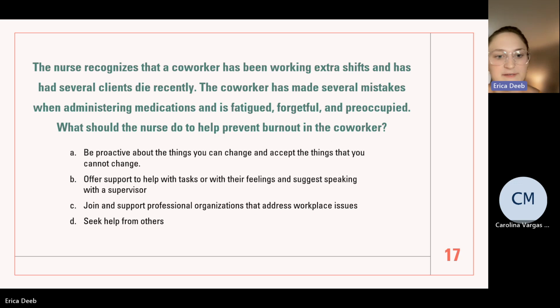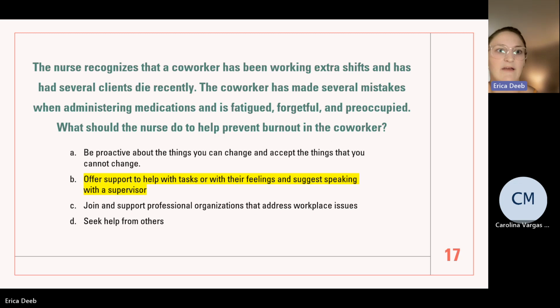So as we all know, burnout is when you're feeling like you just don't want to do it anymore. You're feeling like you have put in so much work, it's not worth it, and you're just feeling really overwhelmed and beat. So with this situation, we want to offer support, offer to help them with extra tasks, or suggest speaking with a supervisor, maybe taking some time off, maybe just having a different patient load.